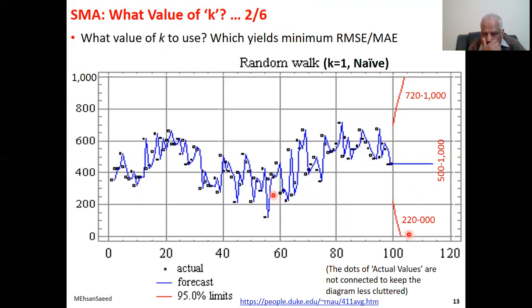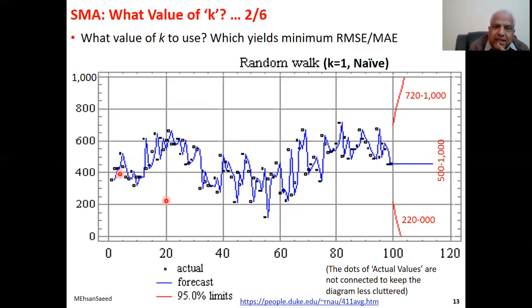It is this example over here. If you see these black dots, these represent actual data. And the blue line represents the forecast. We are going to look at this forecast, or the blue line, how it changes with the changing value of K.